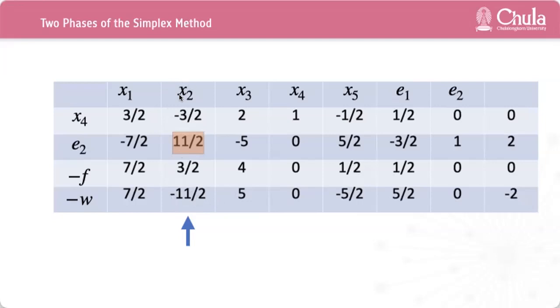So we add x2 as our basic variable, and we have to remove one. Because the coefficient in the x4 row is already negative, you have no choice. You have to remove E2 from basic variables. So at this step, we introduce x2 as our basic variable, and we remove E2.